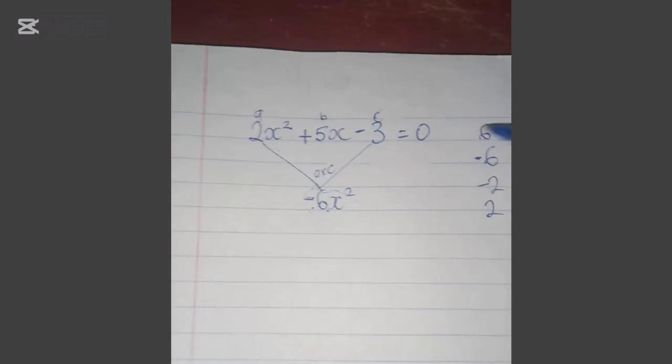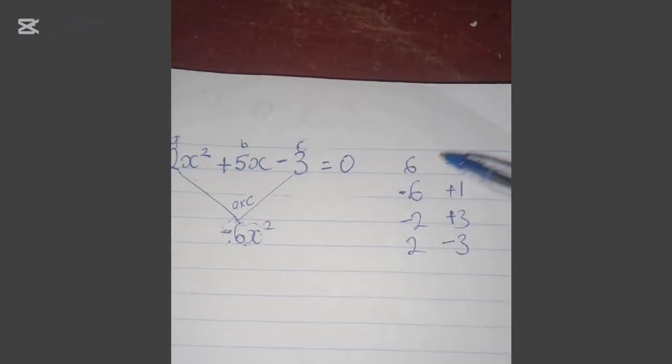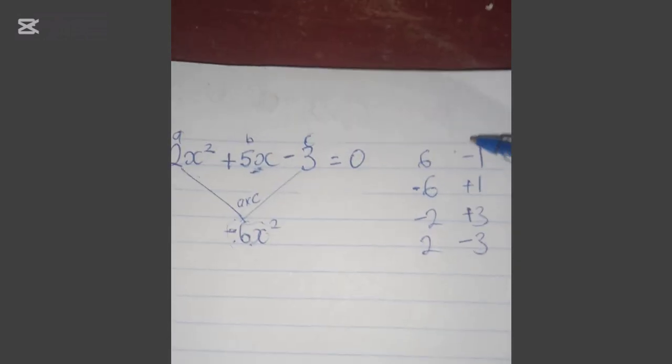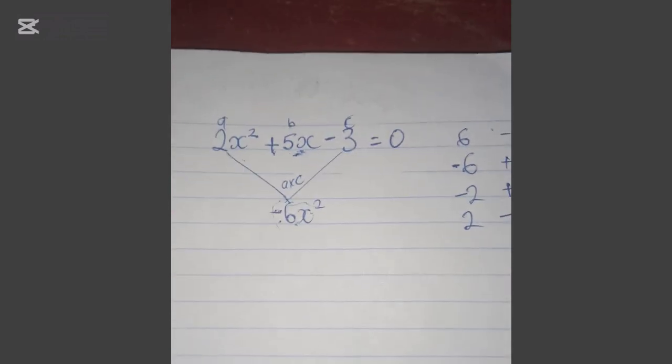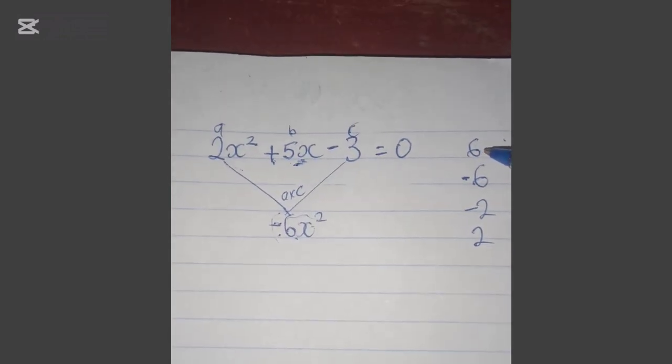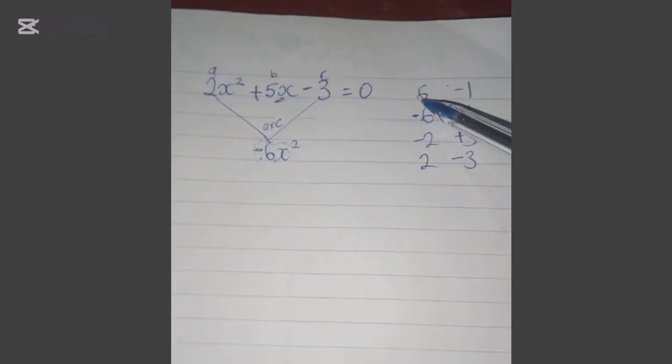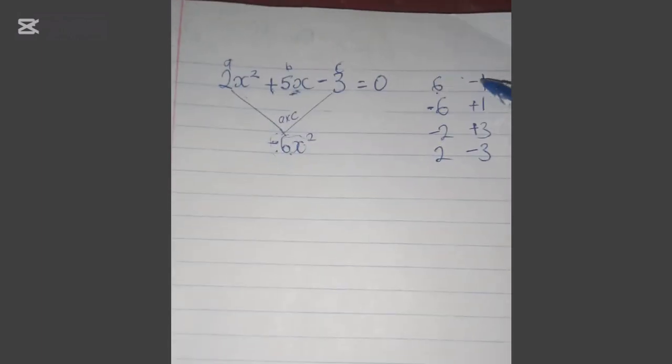So when you look at all of these products carefully, all of them give you this, but not all of them will give you this. So we have to look for the one that will give us, remember, plus 5x. So we'll pick this, that is plus 6 minus 1.